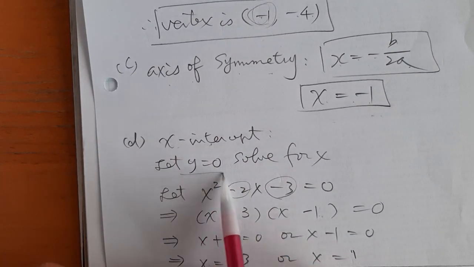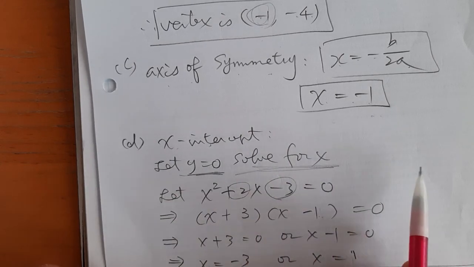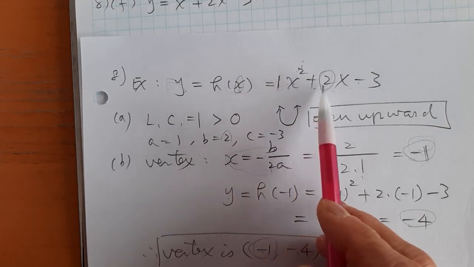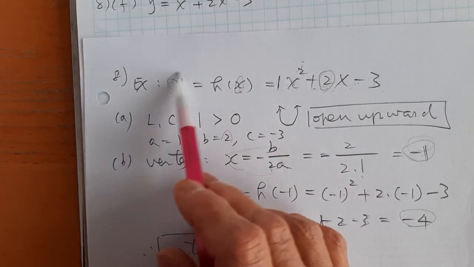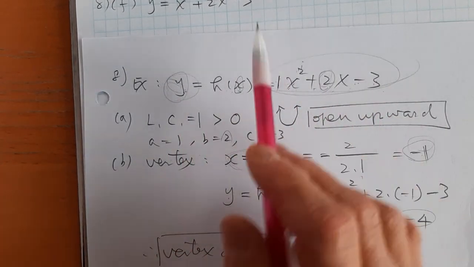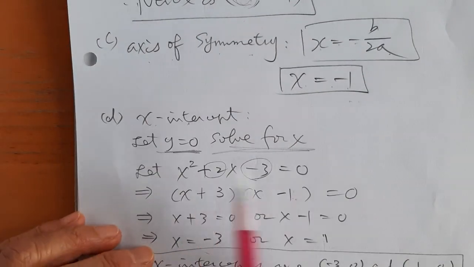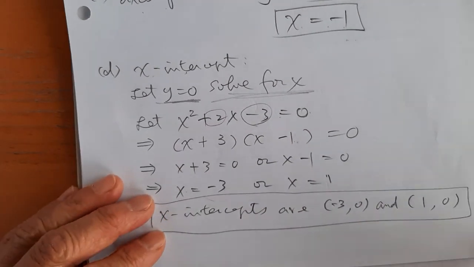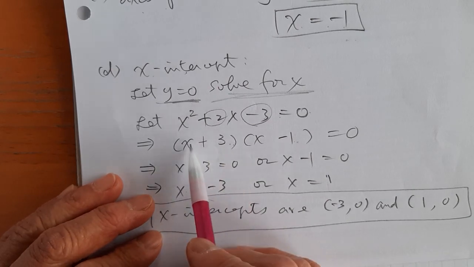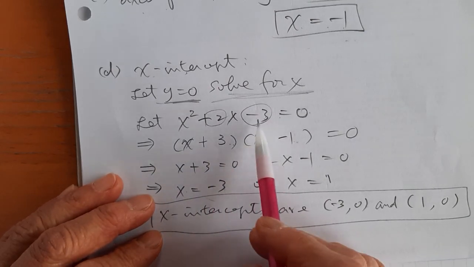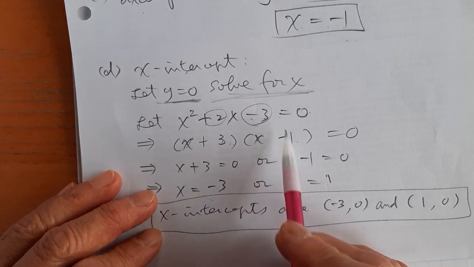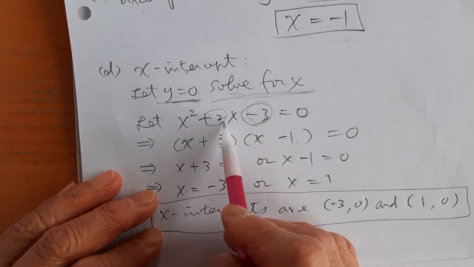For the x-intercepts, let y equal 0 and solve for x. So y equals x squared plus 2x minus 3; let y equal 0, so x squared plus 2x minus 3 equals 0. We can factor it. Choose 3 times negative 1: the product is negative 3, and 3 plus negative 1 is positive 2.